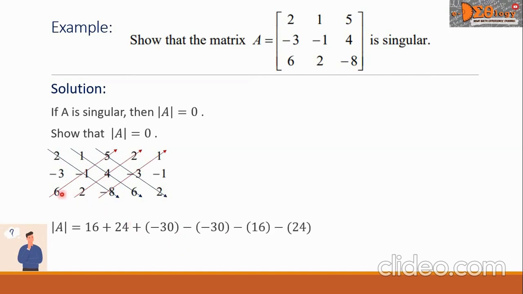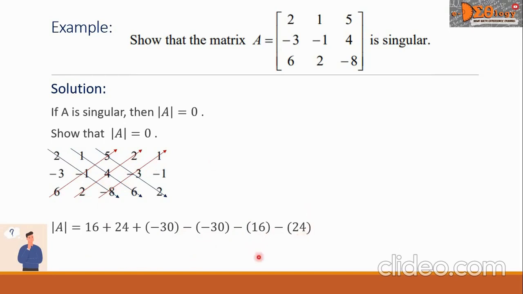We have 6 times negative 1 times 5, and we write here minus negative 30. Next, 2 times 4 times 2, that is, we write here minus positive 16. Then minus the product negative 8, negative 3, positive 1 is positive 24.